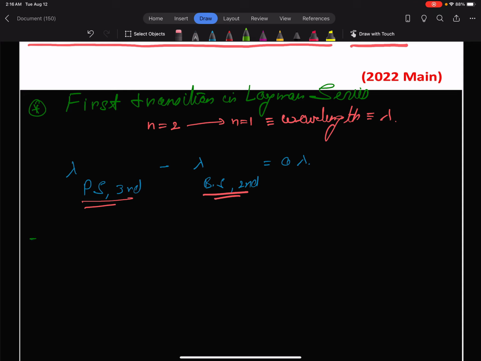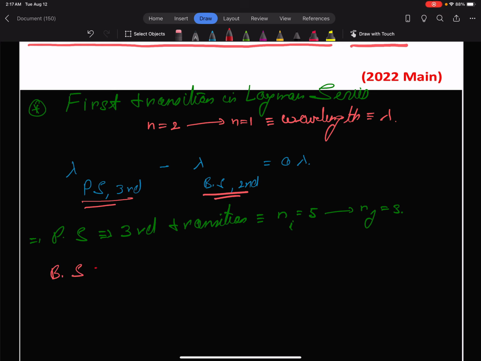So for the Paschen series, we are given the third transition, which means the initial value of n will be equal to 5, and it is going to a final value of 3. And we have the Balmer series.